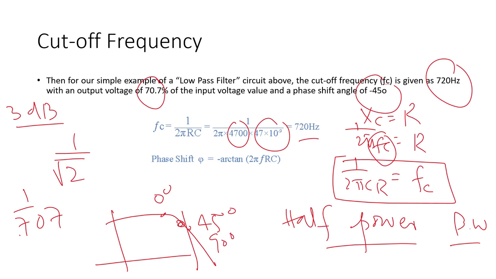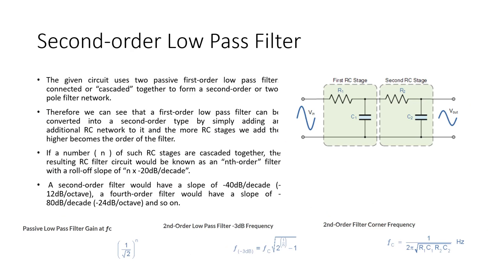Okay, now going towards some higher order low pass filter. A second order filter will be a cascaded version of the series low pass filter discussed. This is a similar structure, but we are combining two circuits. This is the first stage filter and this is the second stage filter. So we will get double attenuation due to this.